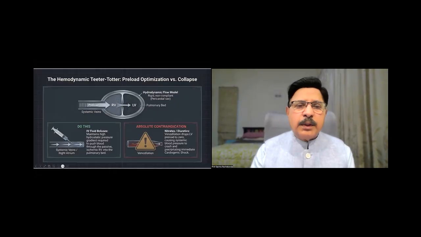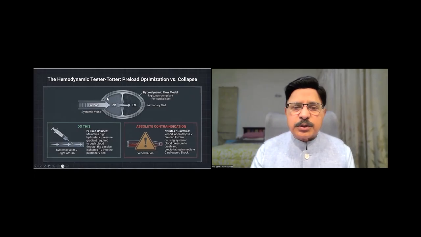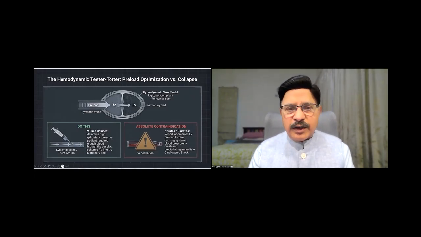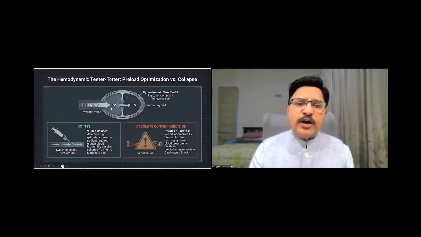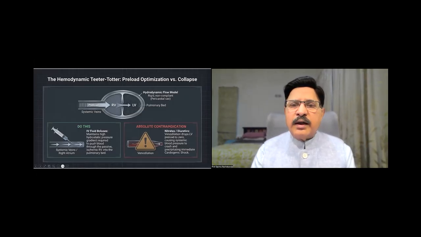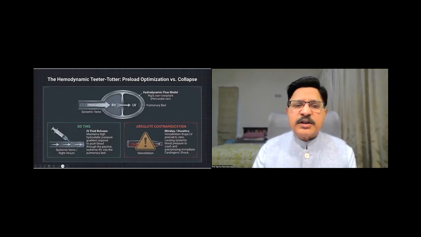What is that? The preload is what the right ventricle receives from the systemic veins through the great veins, inferior and superior vena cava. In the hemodynamic flow model, with a rigid, non-compliant pericardium, the right ventricle is slack, the pulmonary bed is congested, so the left ventricle now feels the pressure.